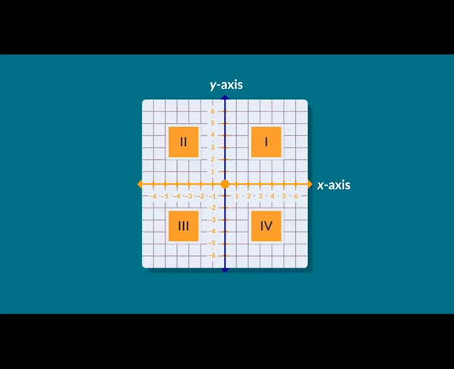The vertical line running through the origin is the line where x equals 0 at every point along the line. This line has the equation x equals 0. The horizontal line running through the origin is the line where y equals 0 at every point along the line. This line has the equation y equals 0.